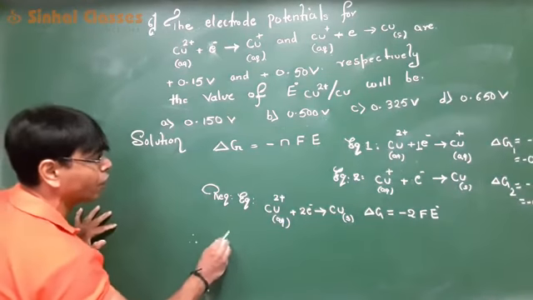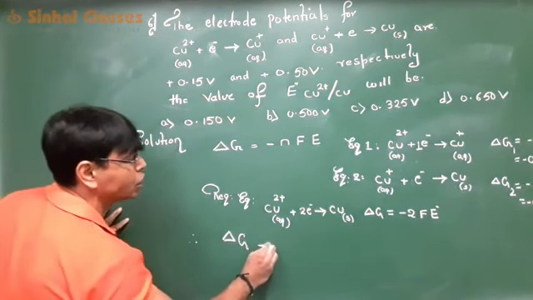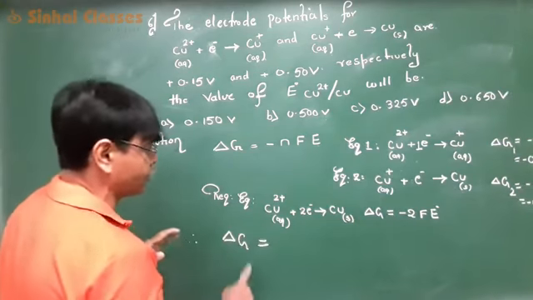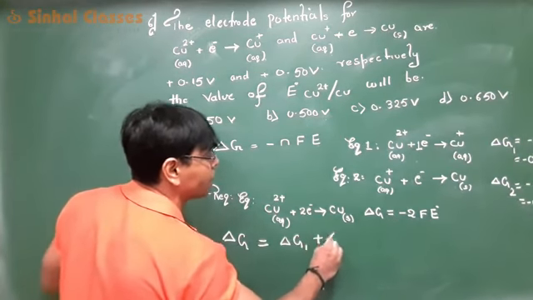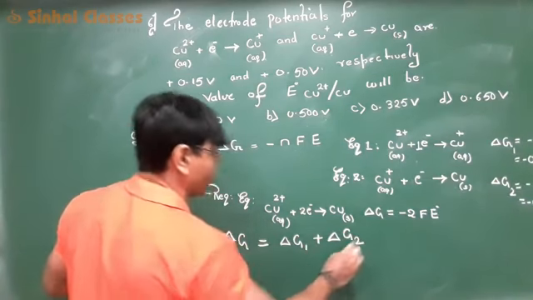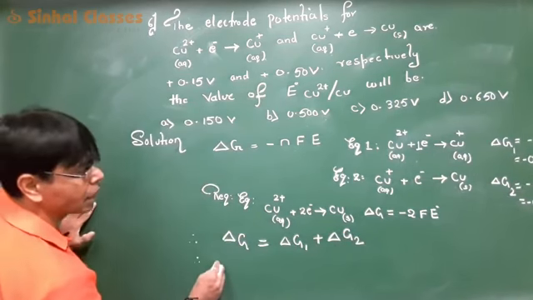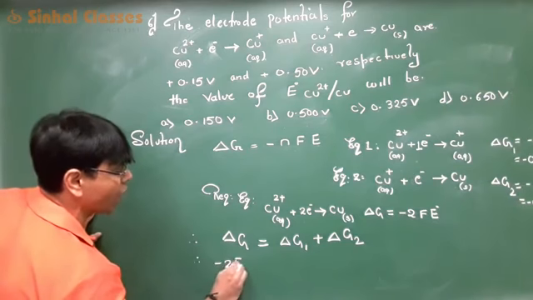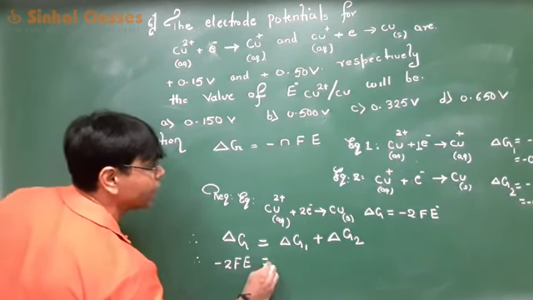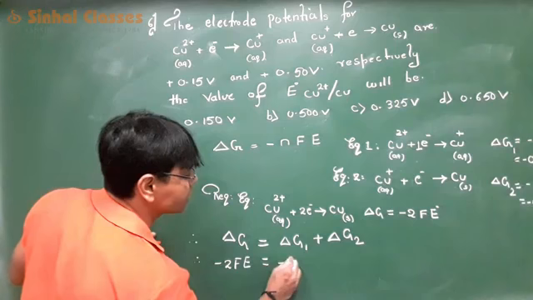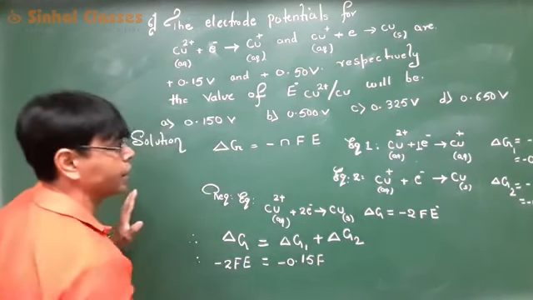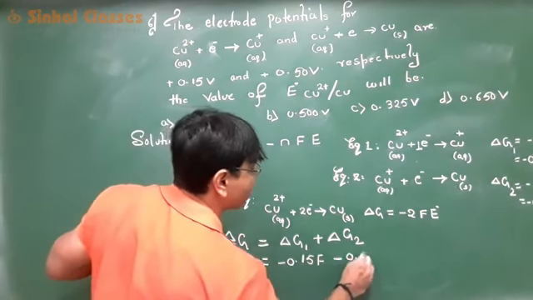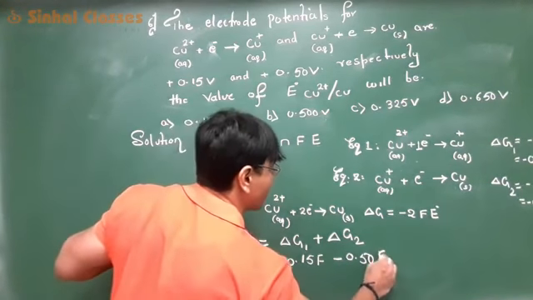So therefore, delta G total will be equal to delta G1 plus delta G2. That is, minus 2FE naught will be equal to minus 0.15 into Faraday minus 0.50 Faraday.